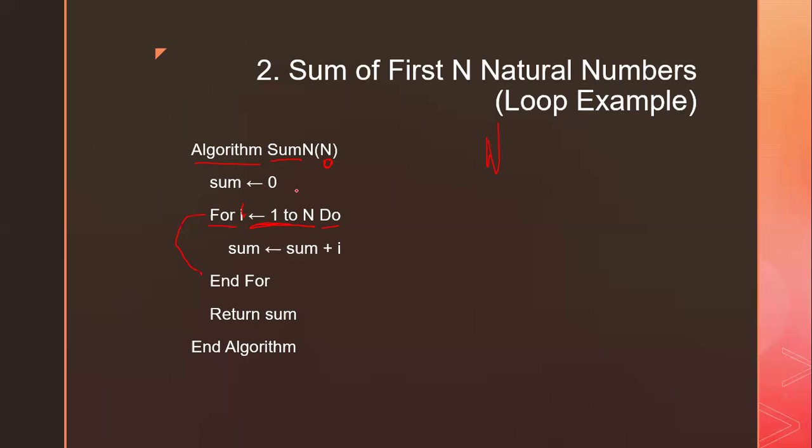The sum is declared outside the for loop, and then we're returning the sum. This is reminiscent of Java, but this is the basic algorithm that gets the first n natural numbers. You start with algorithm, then you end with end algorithm.